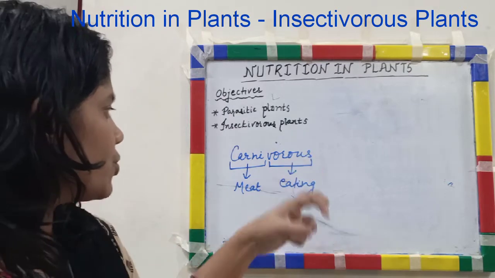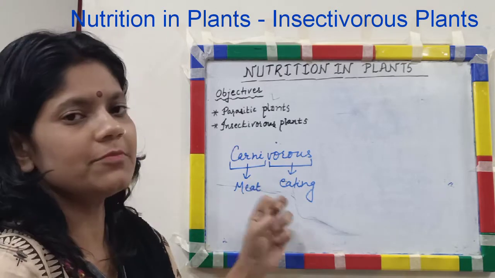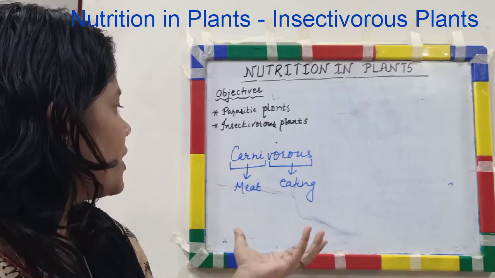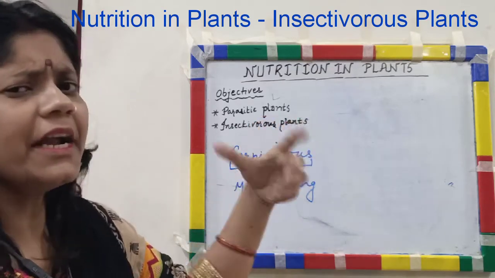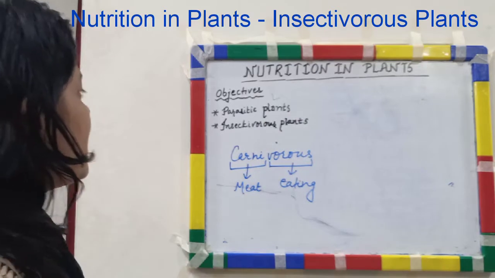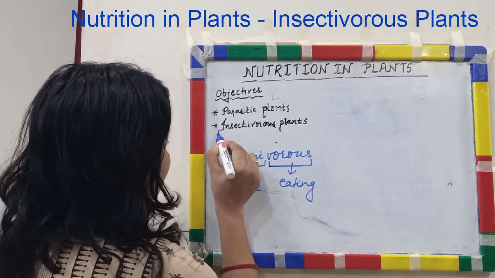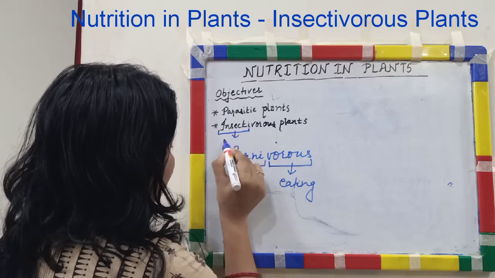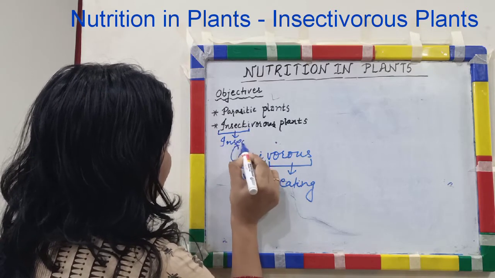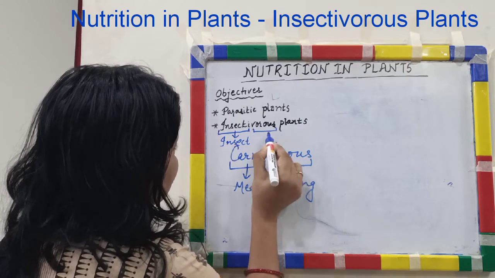Carnivorous organisms are those organisms which eat meat and depend upon other organisms for their nutrition. So insectivorous plants are a kind of carnivorous plants, and what is their food? Their food is insects, and vorous means eating.